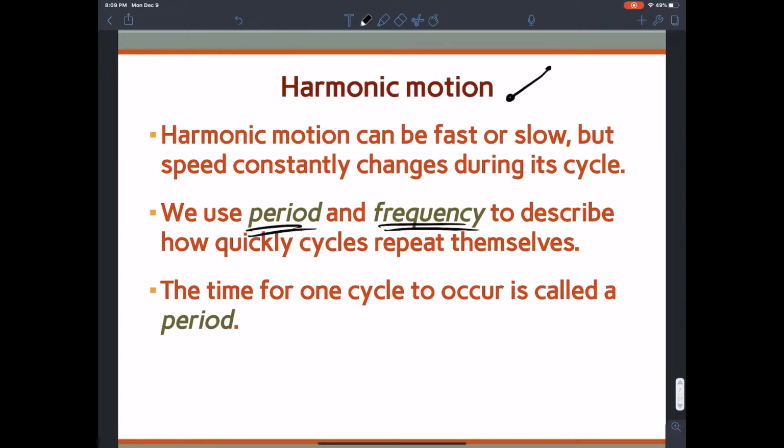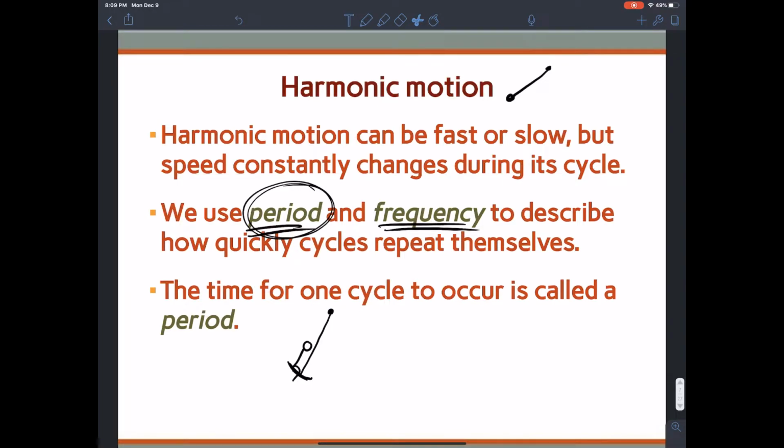So the first term that we need to have a basic understanding of is this guy right here. What exactly is the period? The period is the time for one complete cycle to take place. So if we have the kid that's sitting on the swing here, if they start right here, and we started our stopwatch, how much time does it take the kid to swing all the way over and then come all the way back?